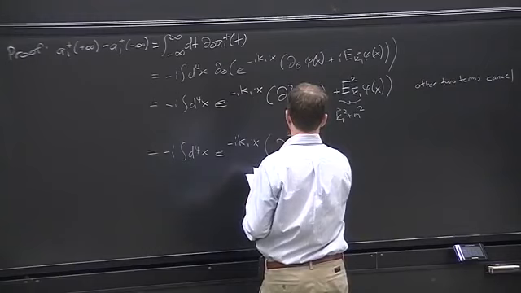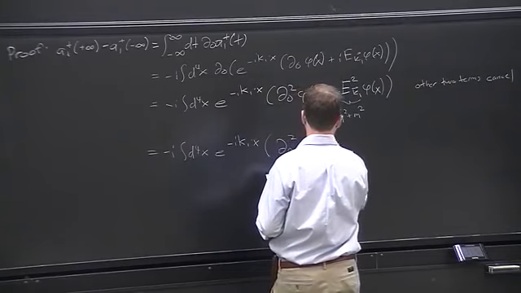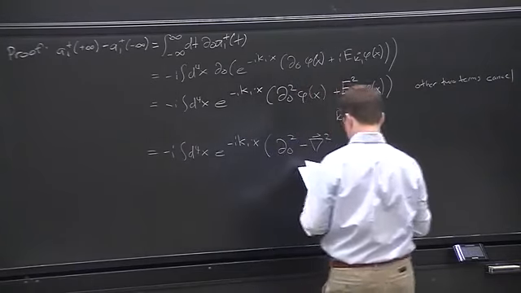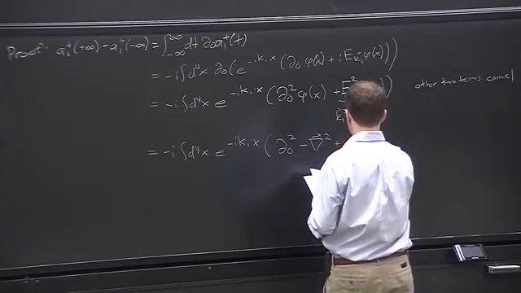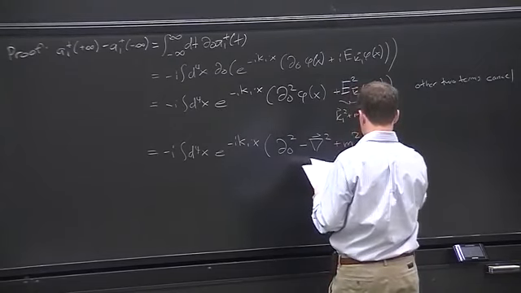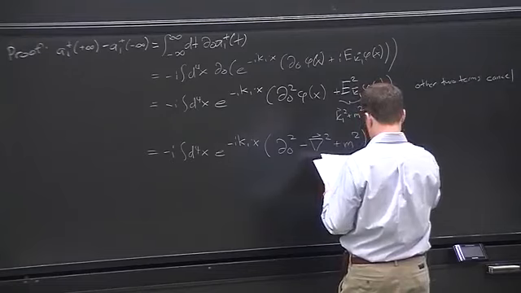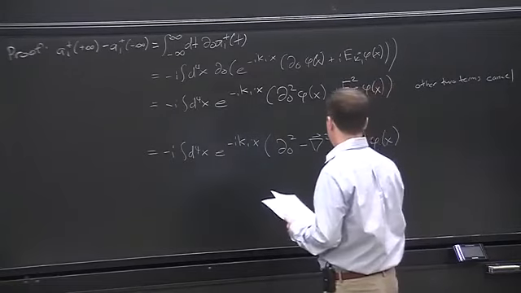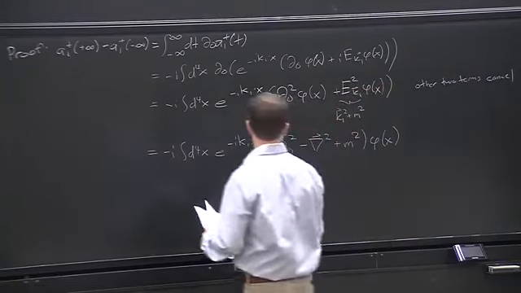So we get E squared minus the gradient squared plus m squared acting on phi of x, which is just the Klein-Gordon operator.